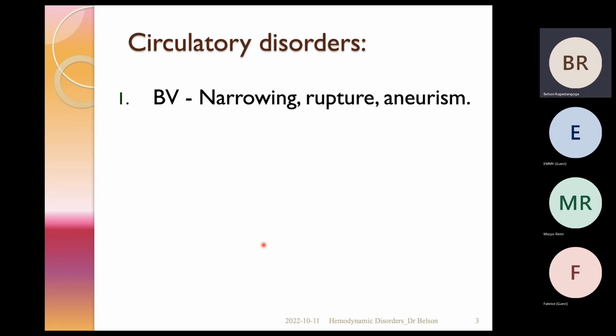So the circulatory disorders, they can be due to defects in the blood vessel. BV here refers to blood vessel. And these problems may be associated to narrowing of the caliber of the lumen, the rupture of the vascular wall, or the aneurysm.